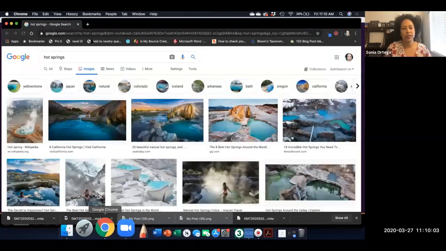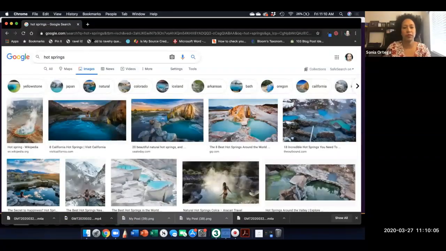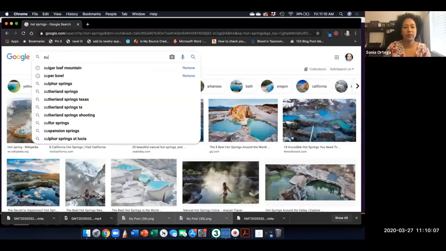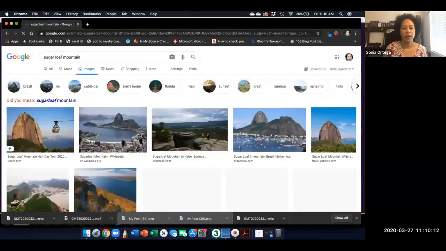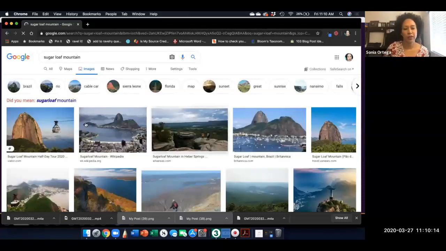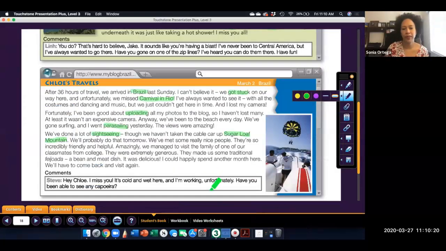I'm sure you've seen pictures of it. So here is Sugarloaf Mountain, and you can see you're able to take a cable car up to the top. And then some foods, like here, I don't know what this is, but she describes what it is, a bean and meat dish.